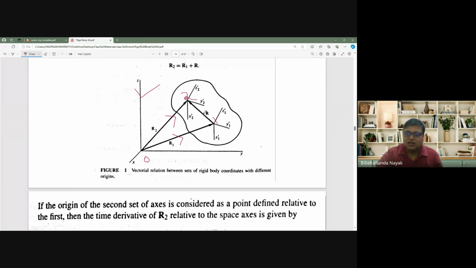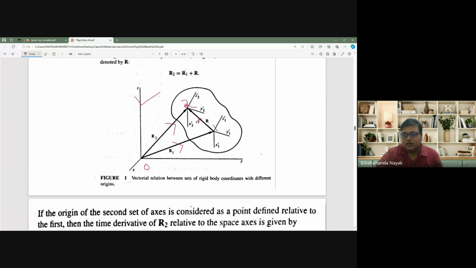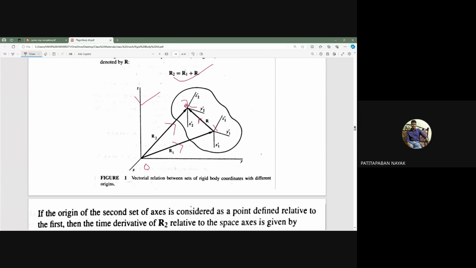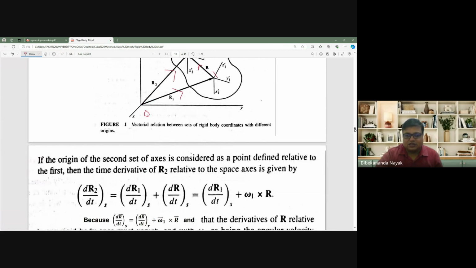Let's say the direction of R is this. So according to vector algebra, R1 plus R is equal to R2. Is that okay? Yes, sir.